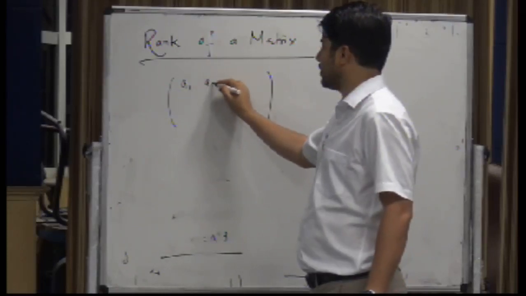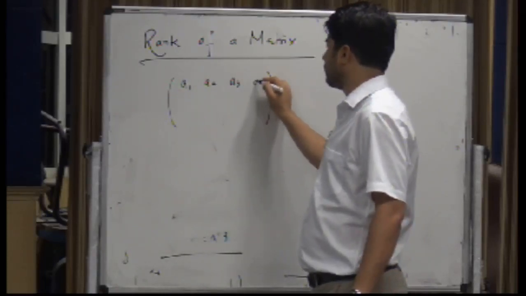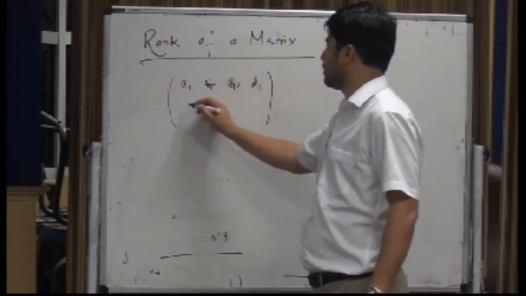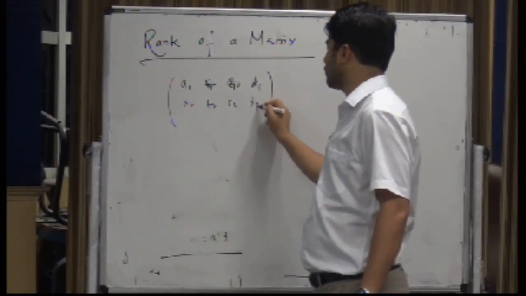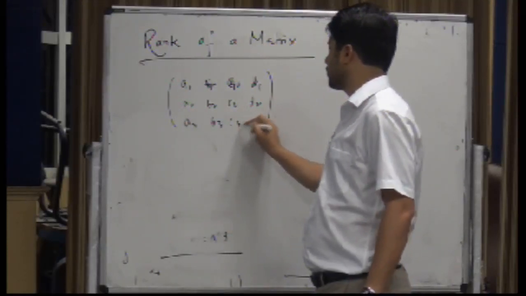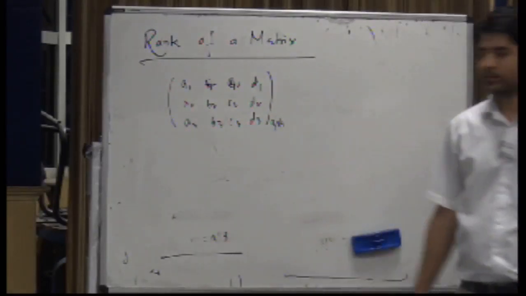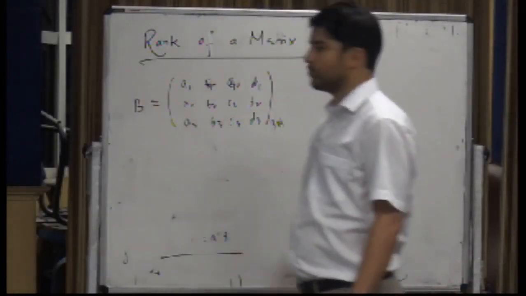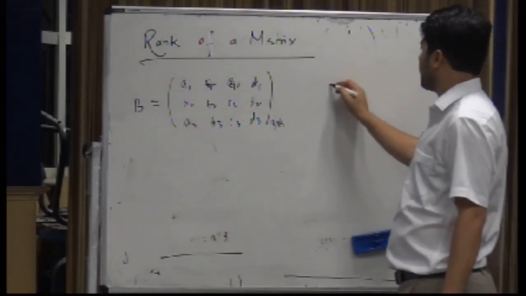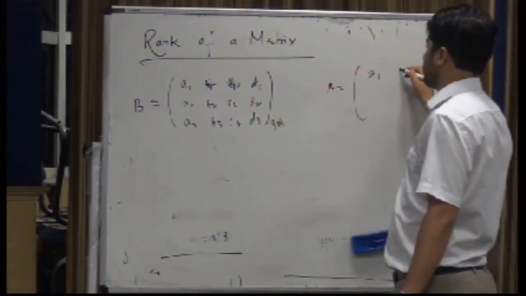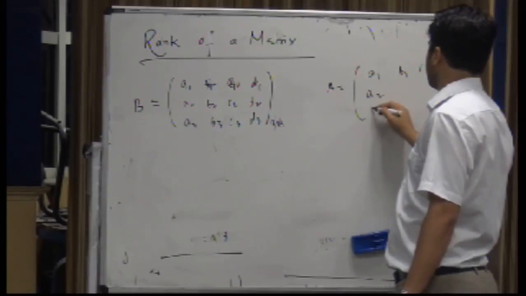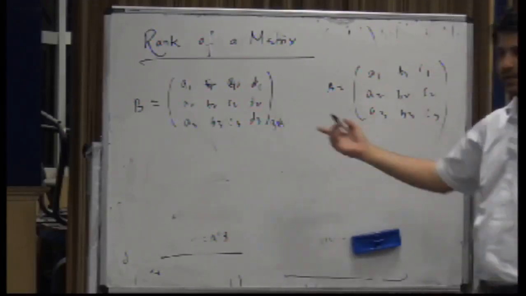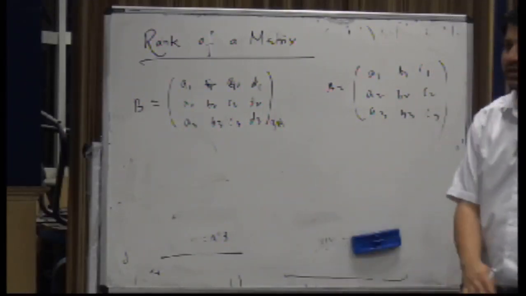A1, B1, C1, D1, A2, so you got your 3 by 4 मैट्रिक्स. और इस मैट्रिक्स को मान लीजिए आपने कहा B, ठीक है, और A मैट्रिक्स हो गया कोफिशिएंट मैट्रिक्स. जो हम मेथड सीखेंगे उसके लिए आपको इसको सेपरेट बनाने की ज़रूरत नहीं है, इसी में ही आ जाएगा.